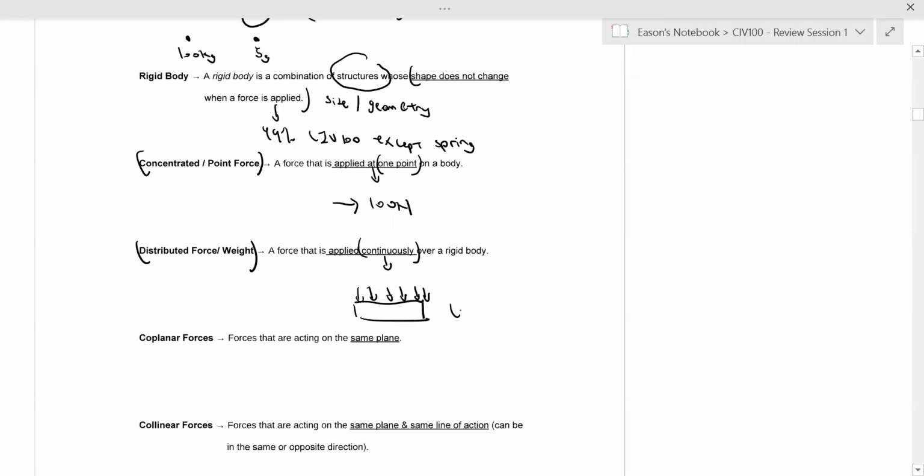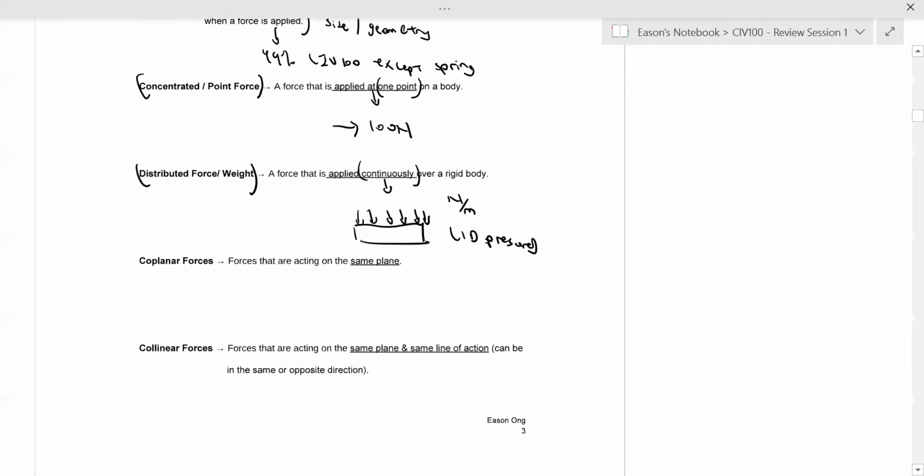It looks like a 1D pressure, right? So the unit will not be Newton anymore. Instead, it will be Newton over meter. All right, so this is our distributed force or distributed weight, and we will talk more about it later, but just know that there is another way of applying force to a body instead of just applying it at one point. Okay, this is all I really want you to know at this point.